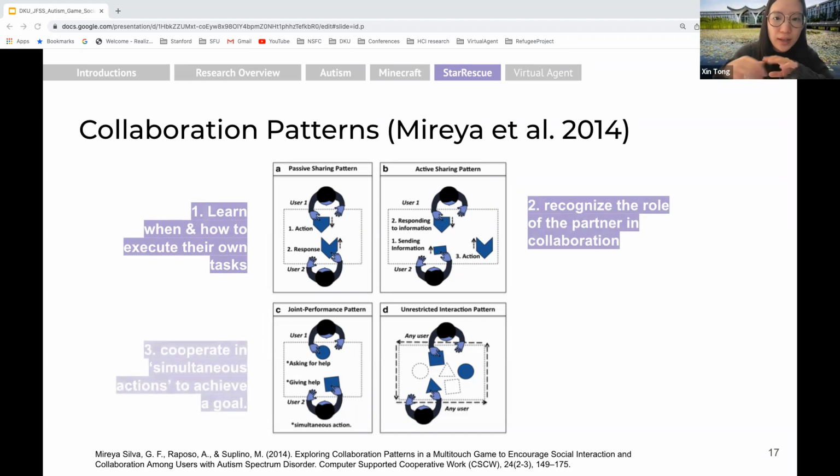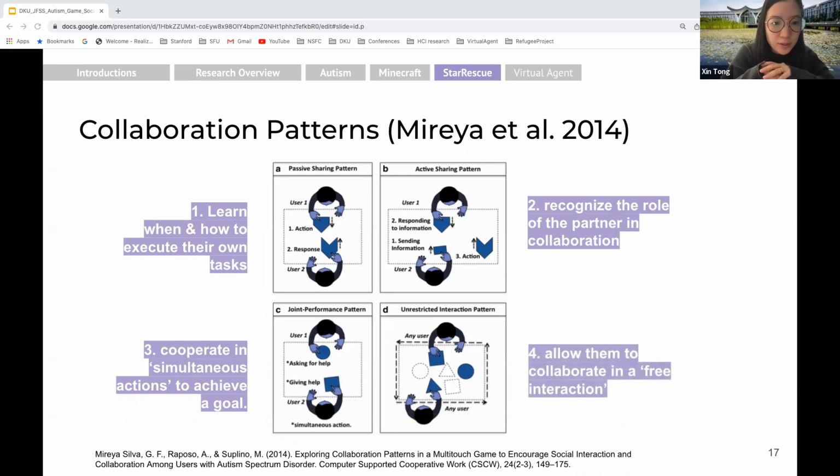After that, they cooperate in simultaneous actions to achieve goals. Then they collaborate in free interaction, which is interacting without assigned roles or partners. In the Minecraft project, we directly entered the last stage without building up these patterns gradually from the beginning.